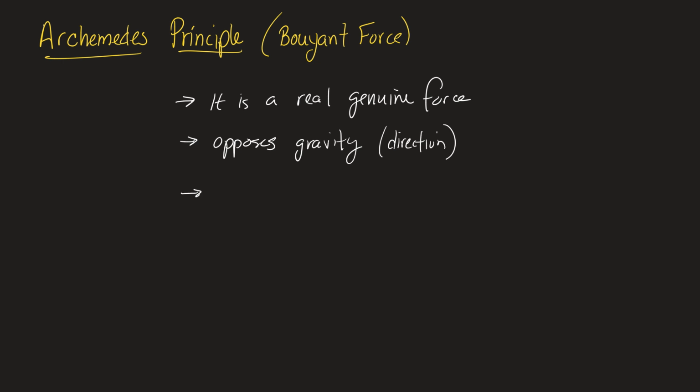So when we talk about the buoyant force, it's a real and genuine force, and it's going to be in the opposite direction of gravity. And here's how we state the size, the magnitude of the force.